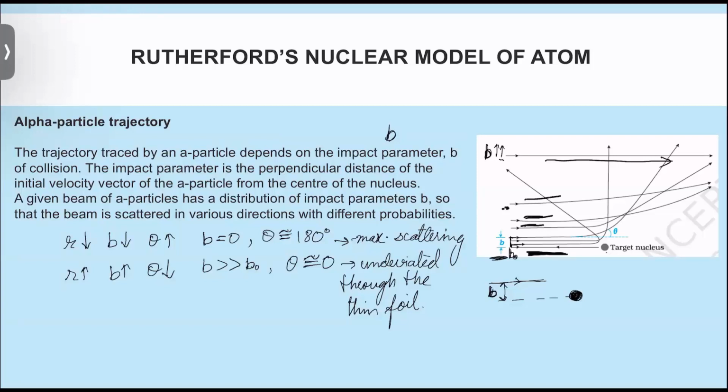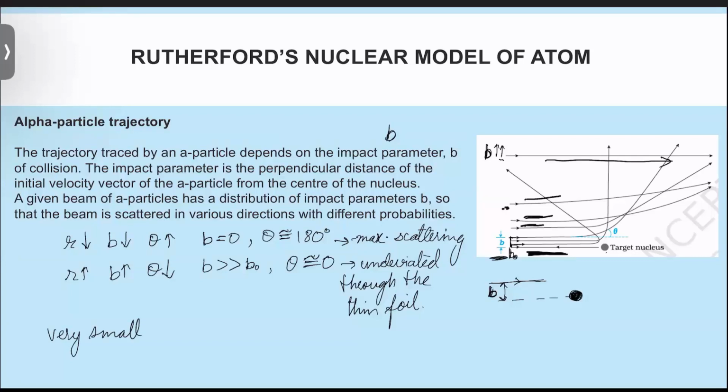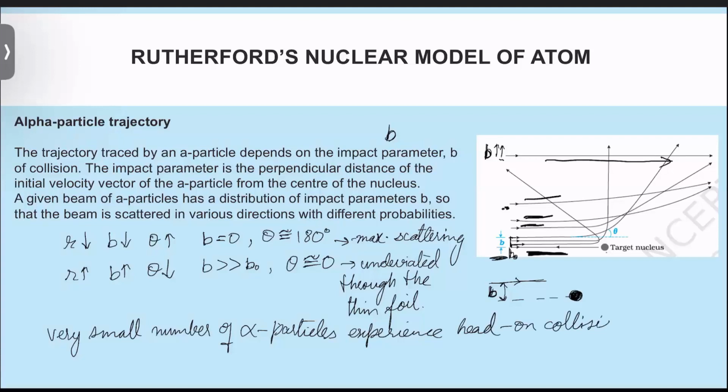So you can say a very small number of alpha particles experience head-on collision, the ones which are scattered very much, where theta is very high. They are very small in quantity, very small in number.